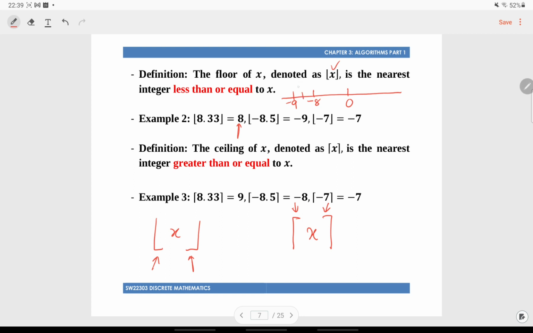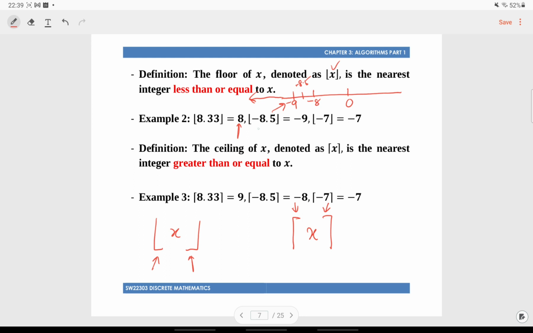Negative 8.5 is located here, so obviously the nearest integer that is less than negative 8.5 is negative 9, because the closer the number is to negative infinity, the smaller the number becomes, while the negative numbers closer to 0 are larger.